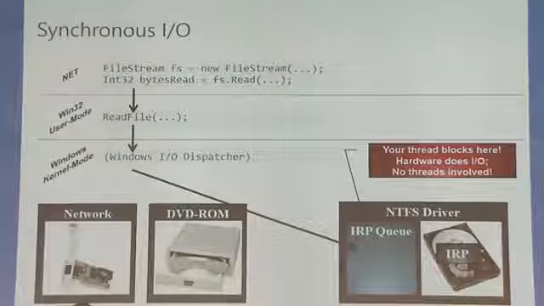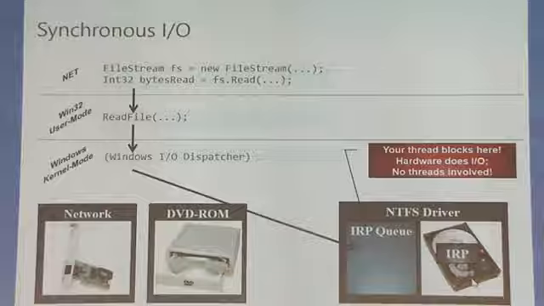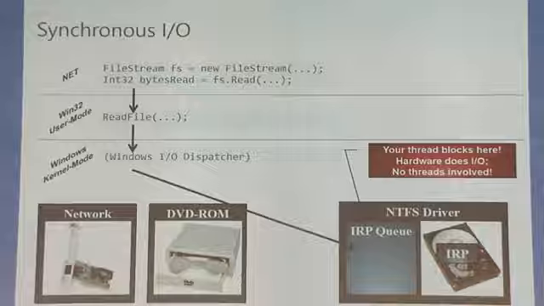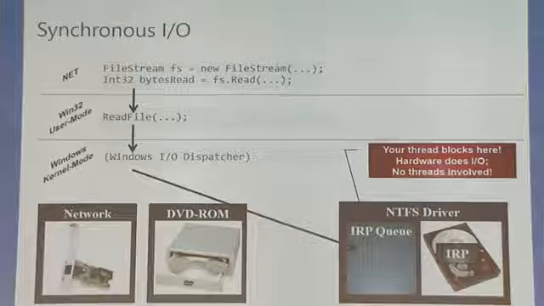Now, to make matters worse, the thread pool, which I'm hoping you use, because the thread pool is an awesome technology, and you should all be using the thread pool to manage your threads. But the thread pool, which tries to manage thread creation and destruction for you in an efficient way, that's its purpose in life, it has a feature. Although the way I describe it right now, it's not going to sound like a feature, it's going to sound like a bug.